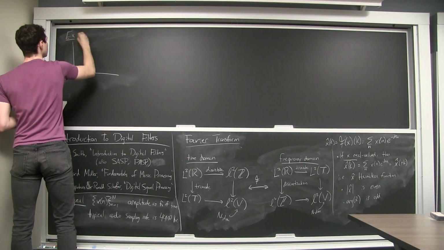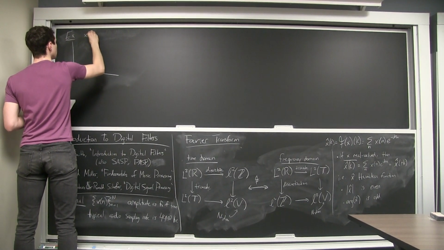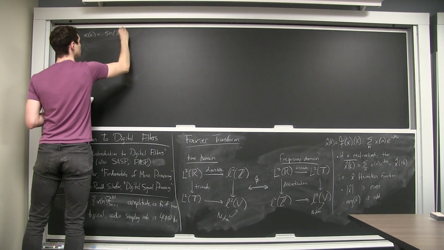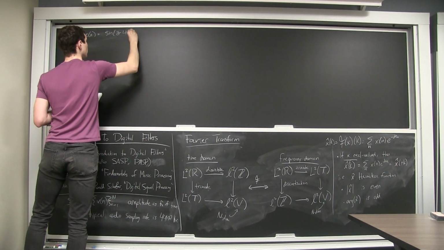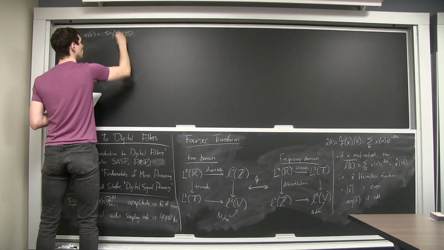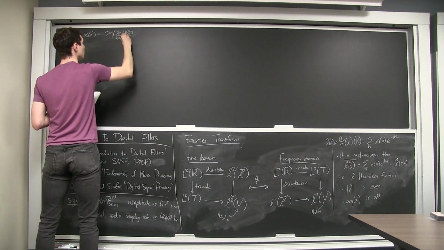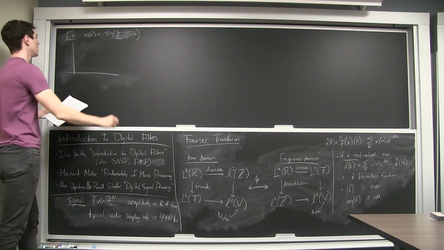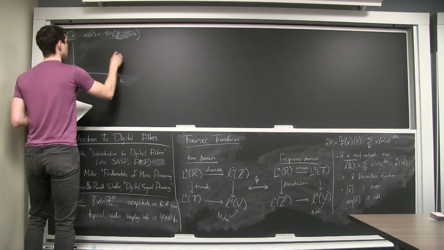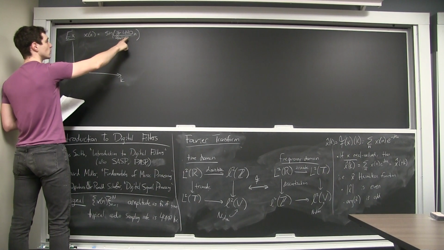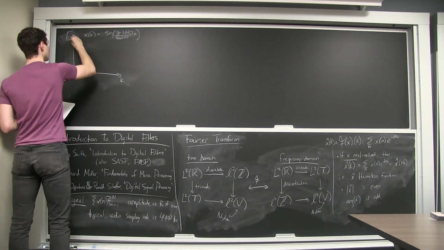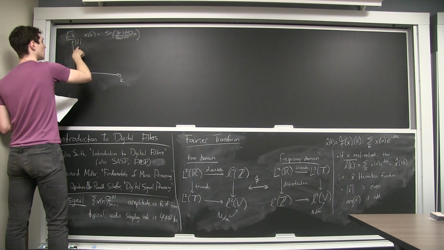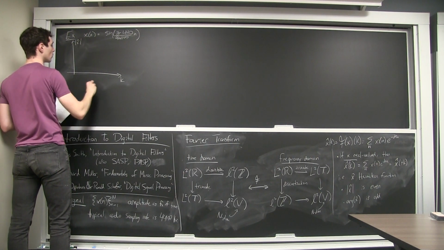Let's say, for example, we take an input signal which is sine of 2 pi 440 hertz, it's middle C, over 44,100. This is our sampling rate. If we look at the Fourier transform of this pure sinusoid resonating at middle C, let's look at the modulus of the Fourier transform.